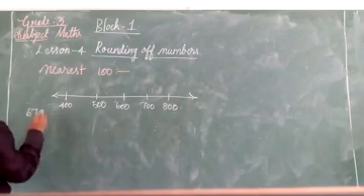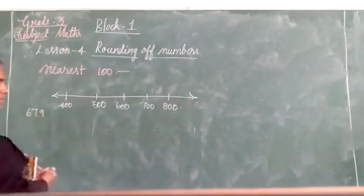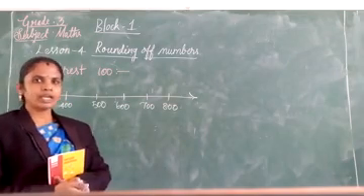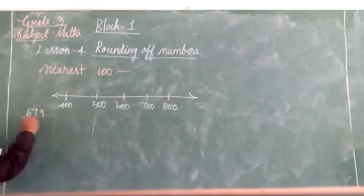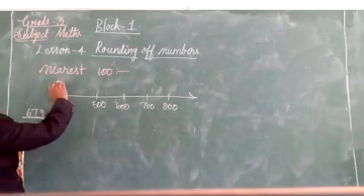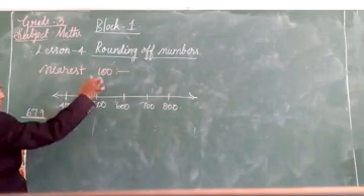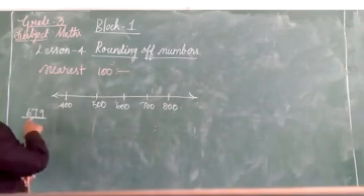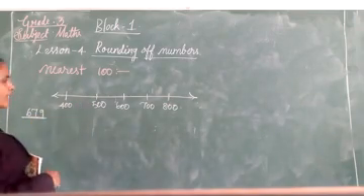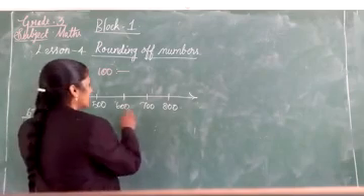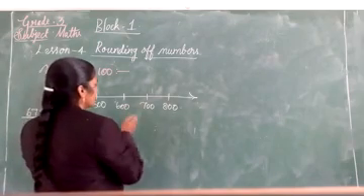Okay, now I am going to take one number, that is 679. We are going to round off this number to the nearest 100. So where is 679? Here in this number line, between 600 and 700.